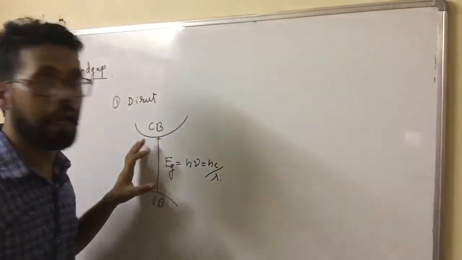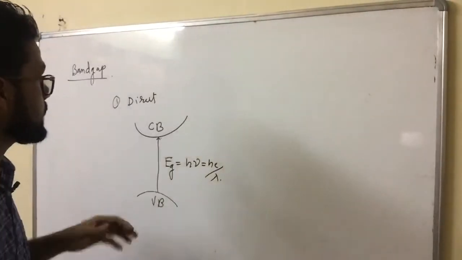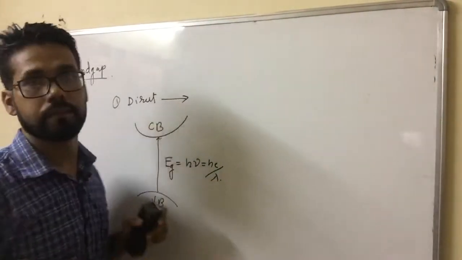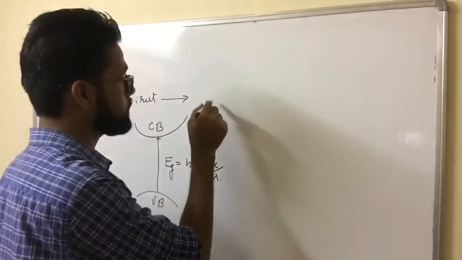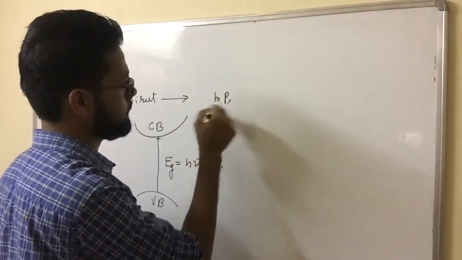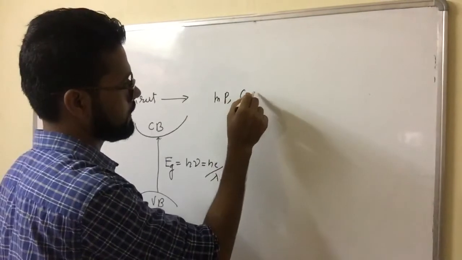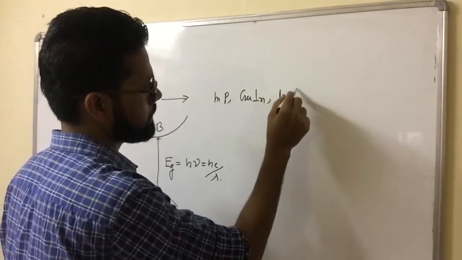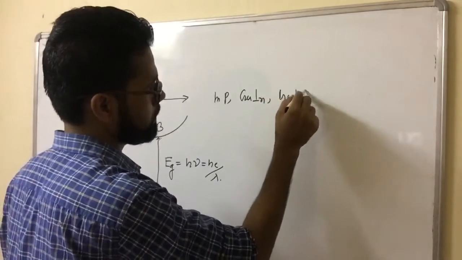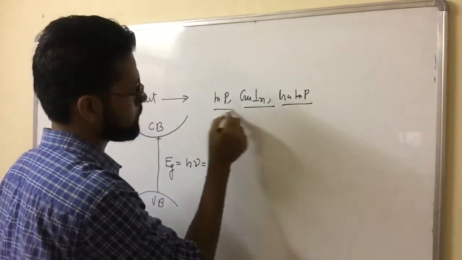Now, this is what happens in a direct band gap semiconductor. Which are the direct band gap semiconductors? Remember, direct band gap semiconductors are compound semiconductors, such as indium phosphide, gallium arsenide, gallium indium phosphide. Why compound?